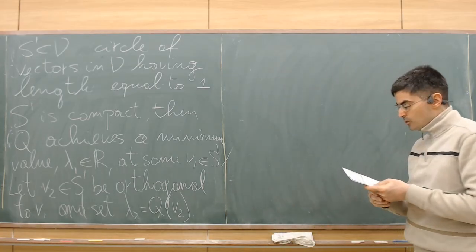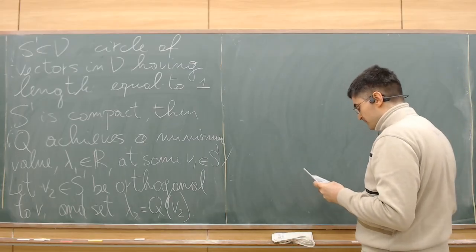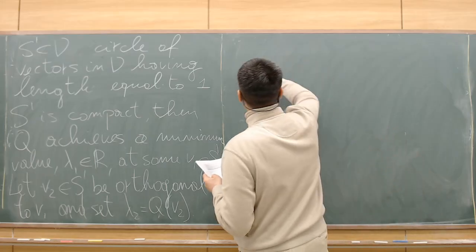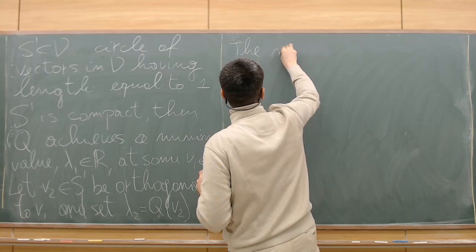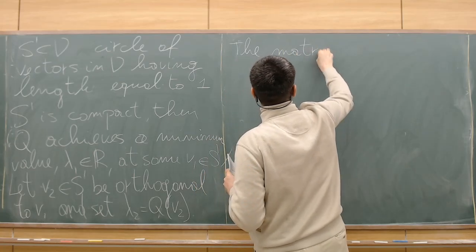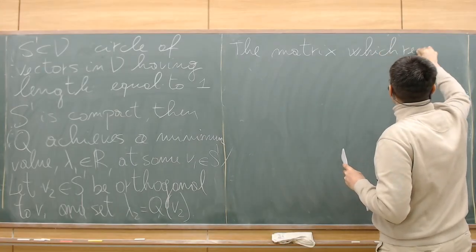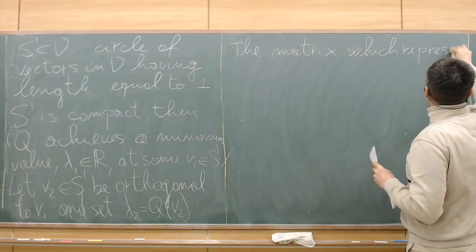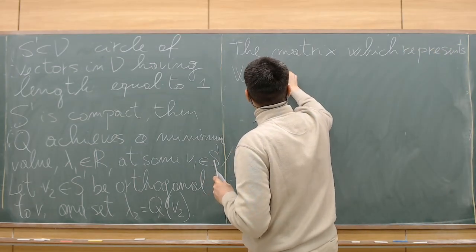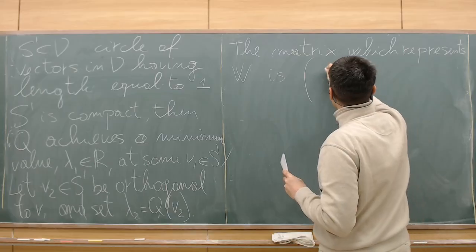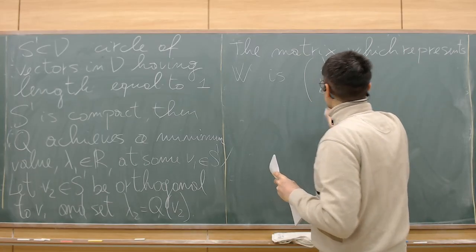Then if we reuse this information, we have that the matrix which represents W has this form: lambda 1, B, B, lambda 2.